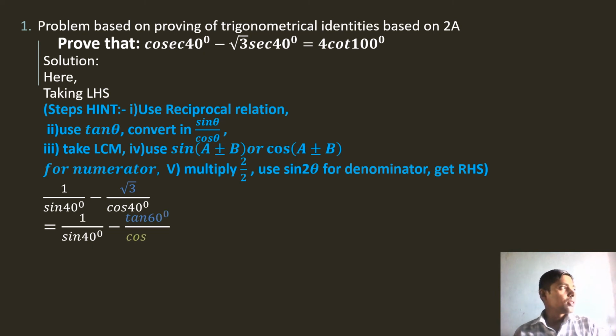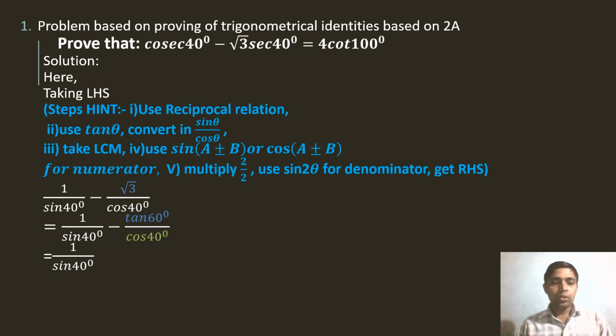Now we'll apply the quotient relation of tan 60 as sine theta by cos theta. So here 1 by sine 40 degree as it is, minus in place of tan 60 degree we will get sine 60 upon cos 60, and cos 40 will be as it is.